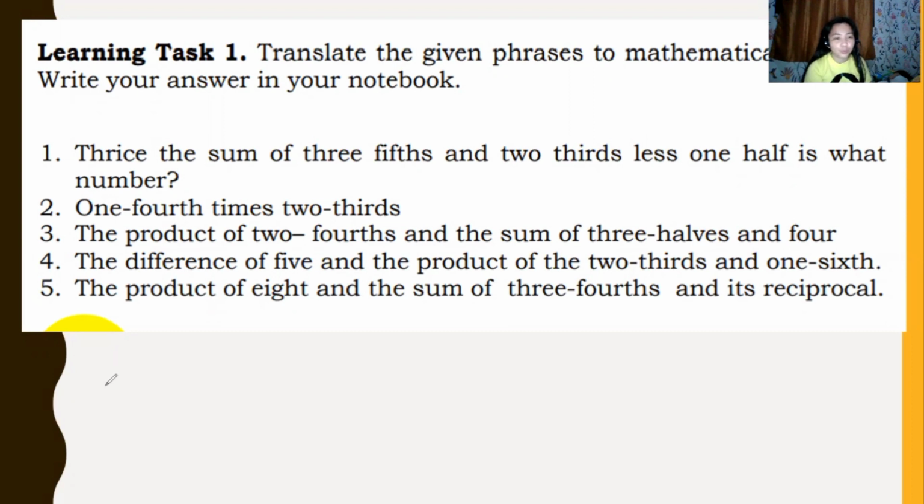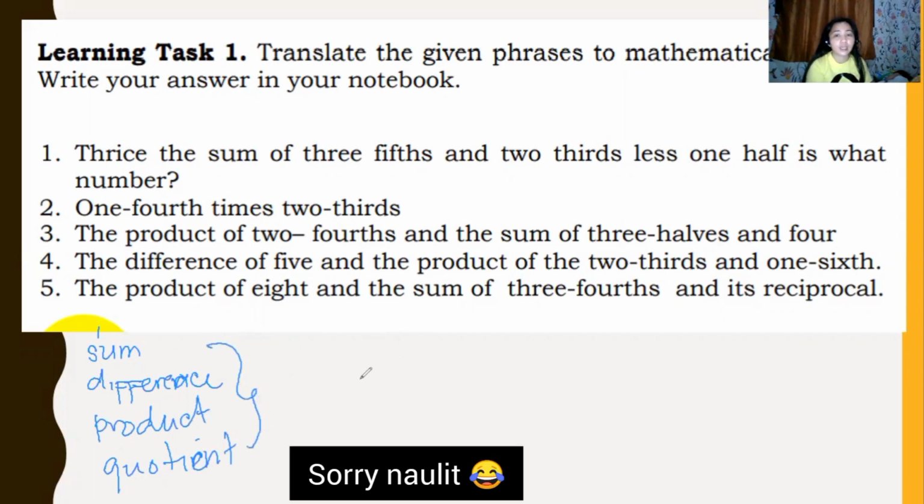Number 2, when you saw these words in phrases, so gagamit kayo ng parentheses.